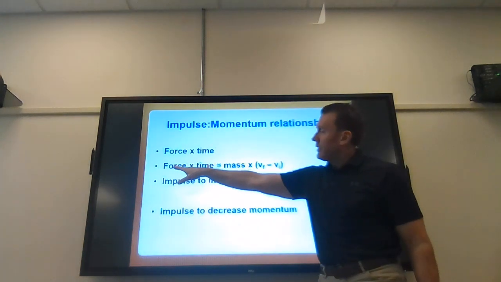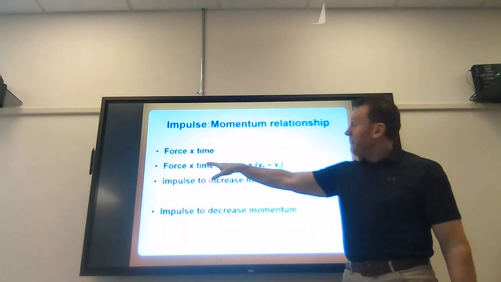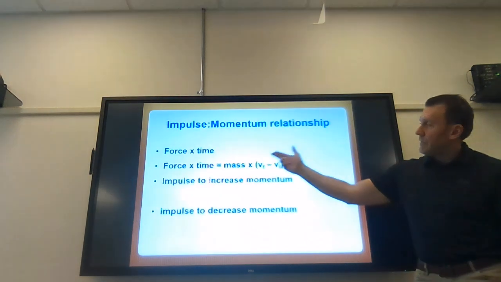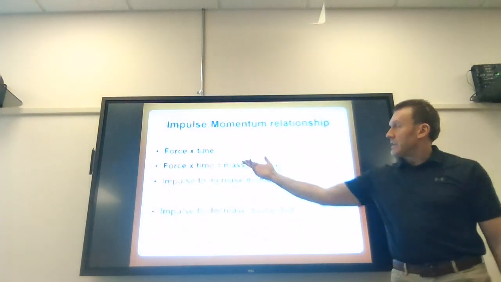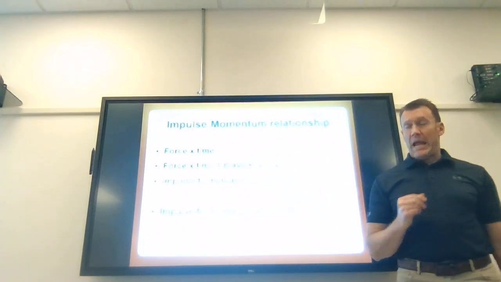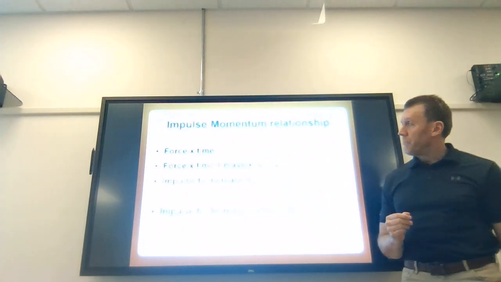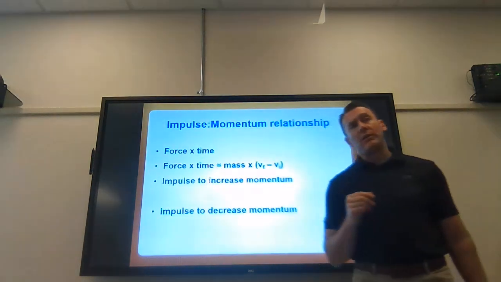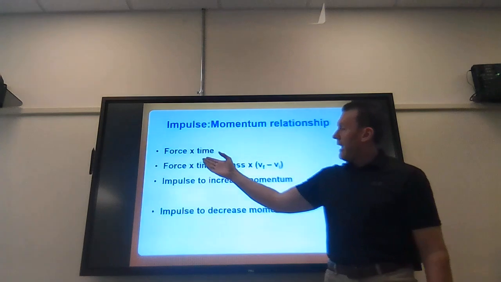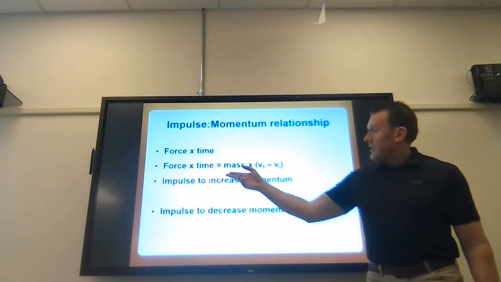Impulse is equal to force multiplied by time, which changes the velocity of an object or body that has a constant amount of mass. So we have a couple different scenarios here. We have an impulse, in other words, a force applied over a period of time to increase momentum.